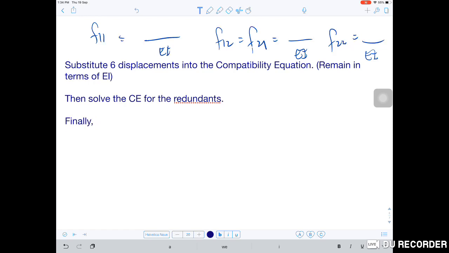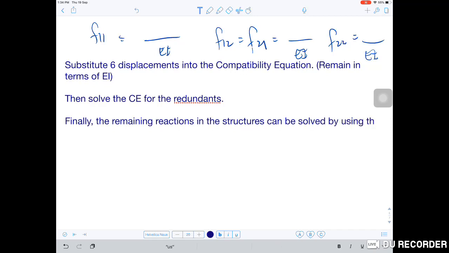Finally, the remaining reactions in the picture can be solved by using the equilibrium equations, or by the principle of superposition.